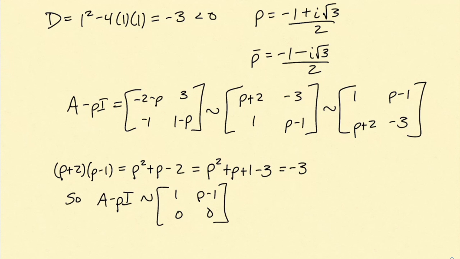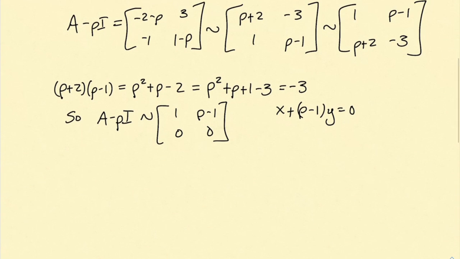This tells us the eigenspace E rho is cut out by the equation x plus rho minus 1 times y is equal to 0. So we can think about this eigenspace as being spanned by a complex eigenvector with entries 1 minus rho and 1. Scale this by 2 to clear everything out and make our numbers a little nicer.